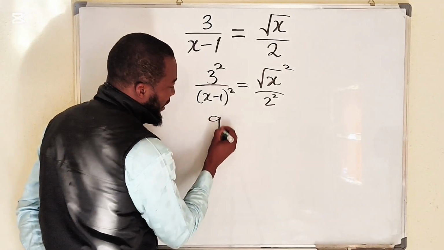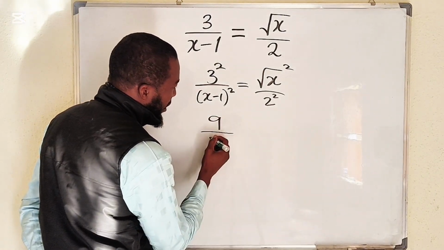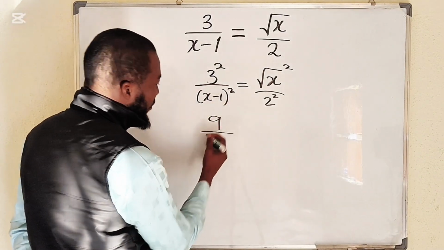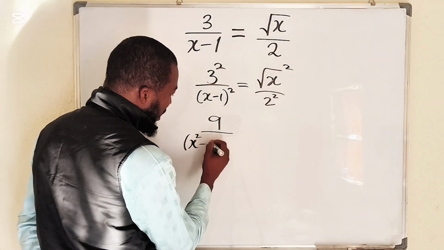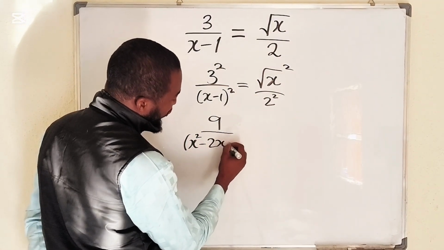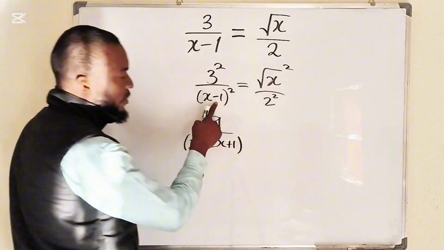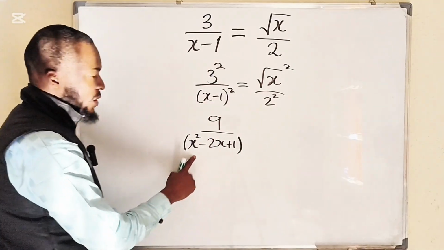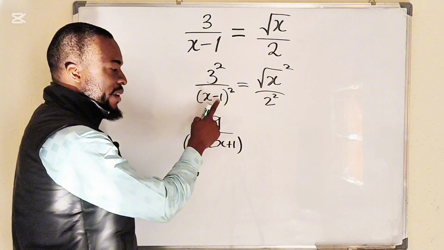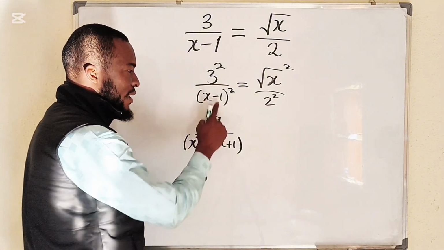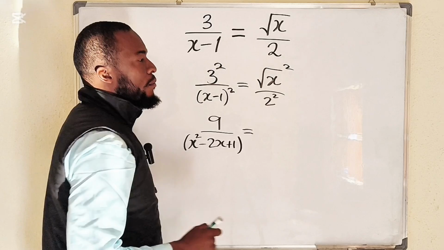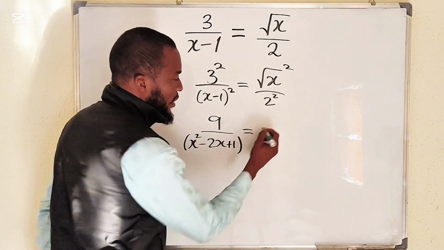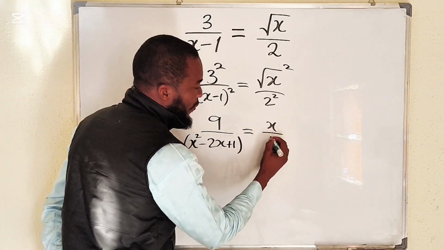This will give us 9 divided by the expansion of x minus 1 squared, which is x squared minus 2x plus 1. First term squared, minus 2 times this gives negative 2x, then negative 1 squared is 1. This is equal to x divided by 4.